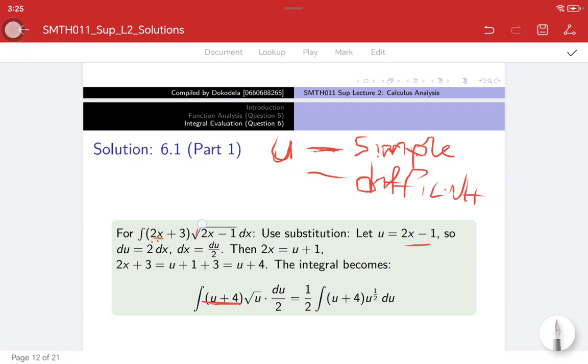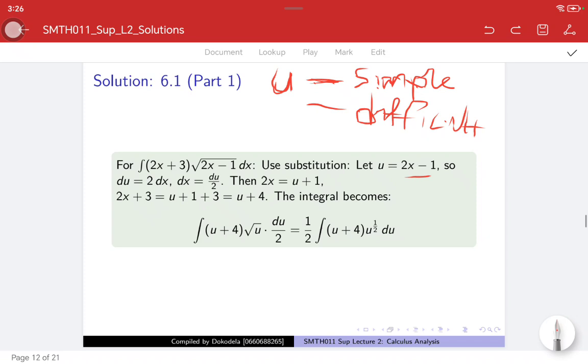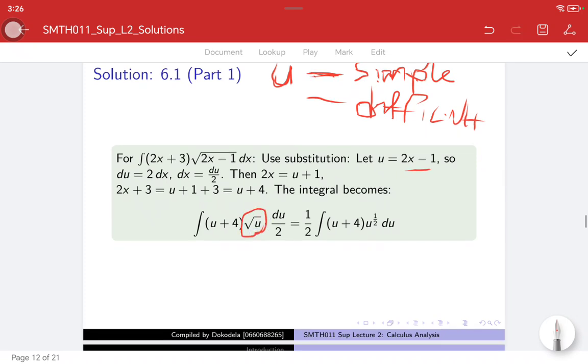And then this one will be u inside here, and our dx will be equal to du over 2. So I take the 1 over 2 outside, and I change the root to the exponent 1 over 2, so that I can multiply through before I can integrate.